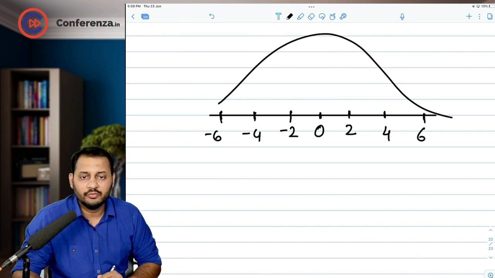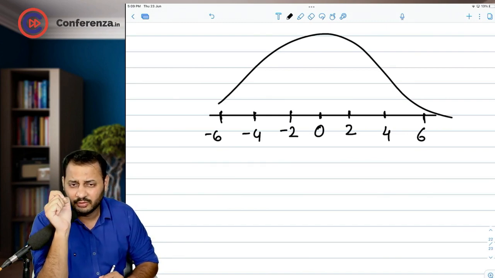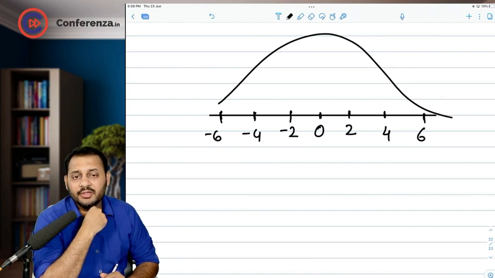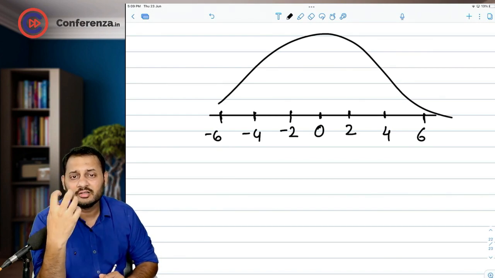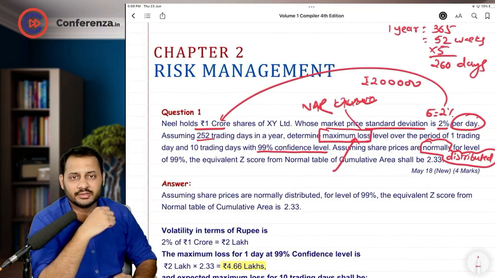Enough. Now we want to calculate the amount of maximum loss where we are 99% confident. It means the area under the normal probability distribution should be 99%.